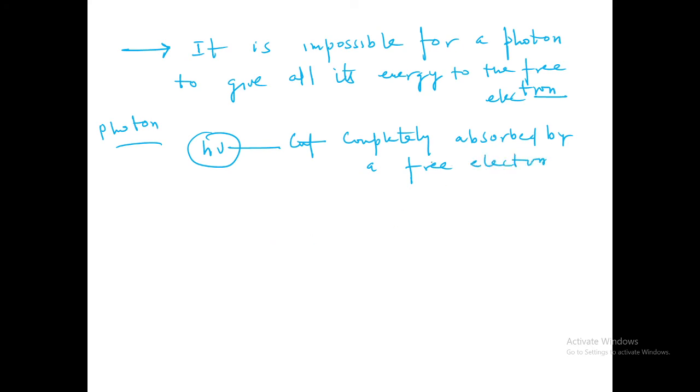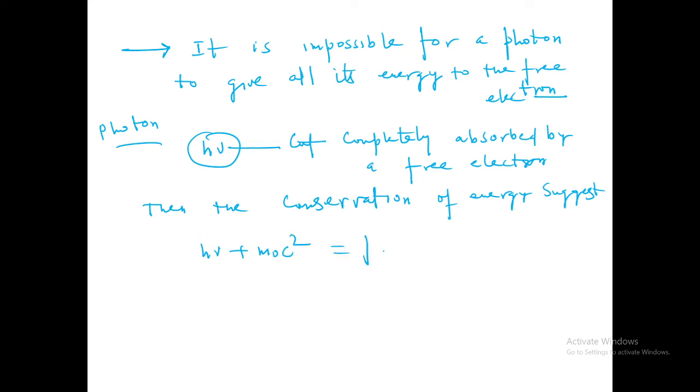Okay, so then the conservation of energy suggests h nu plus m naught c square is equal to the square root of c square p square plus m naught square c to the power 4. This is equation 1.